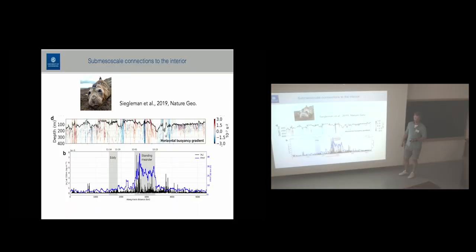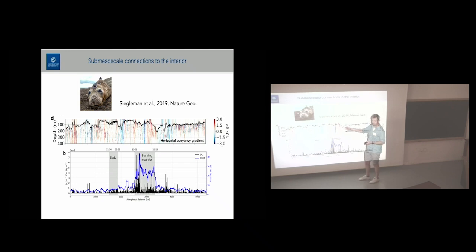Okay, so I've spoken a little bit about the mixed layer physics that goes on, but what I wanted to briefly show you in just 2 slides was that these submesoscale circulations also have connections to the ocean interior. And this work done by Leah Siegelman, which was really nice, using some seal data from Kerguelen. This seal was going and diving in this wonderful pattern.